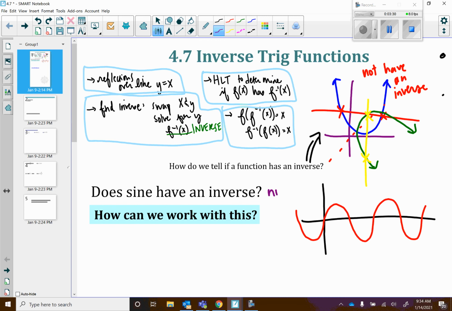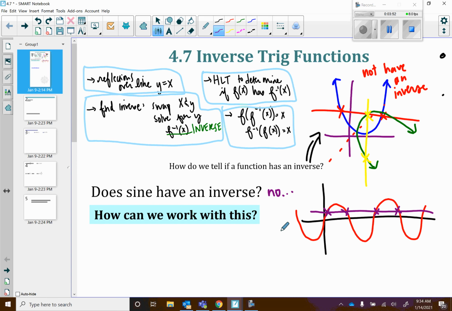Hopefully you're thinking, well, no, it doesn't, right? I can draw a horizontal line and it hits the graph technically an infinite number of times. So maybe you're thinking, well, why are we even doing this lesson? And so we do actually have an inverse sine function. We just can't basically use the whole function.